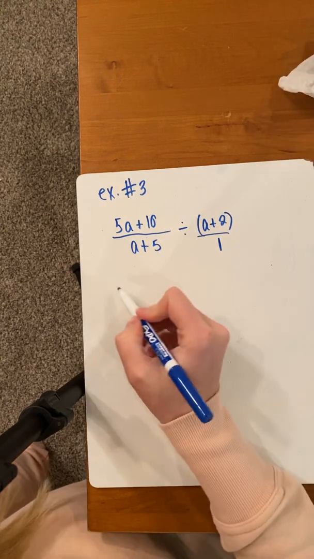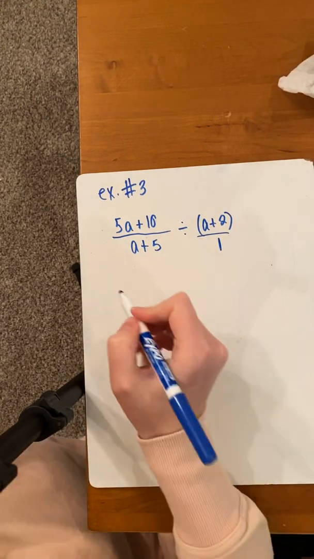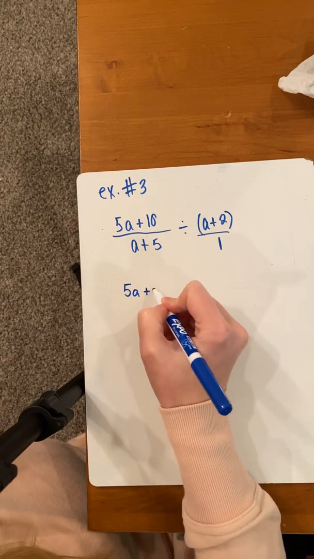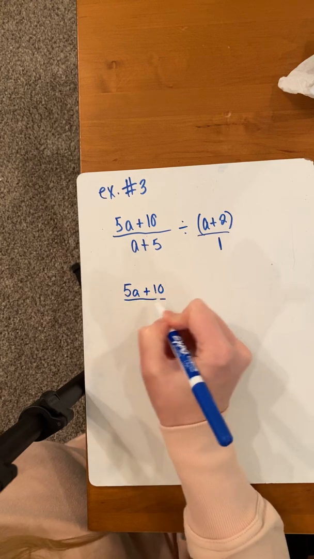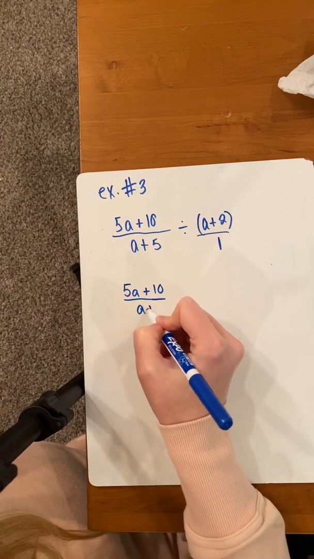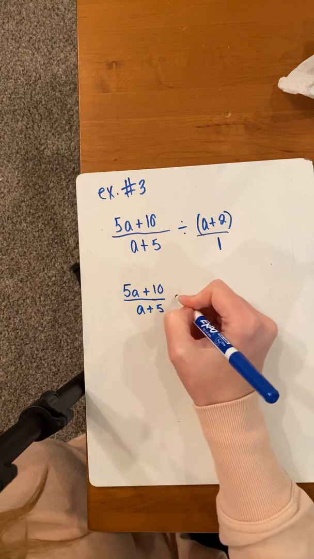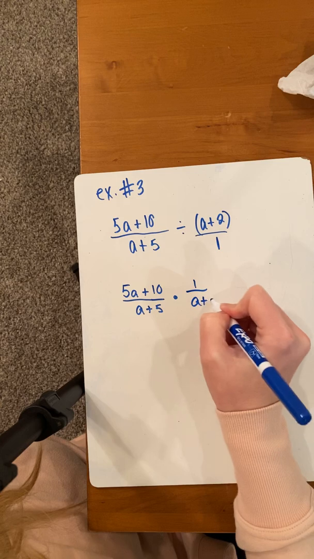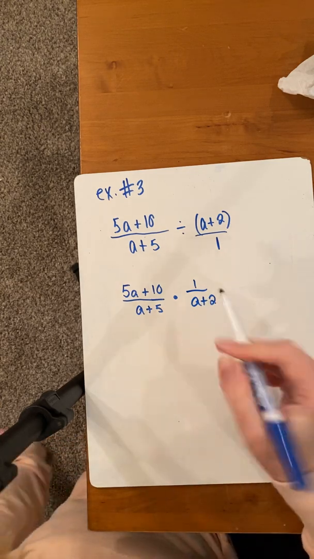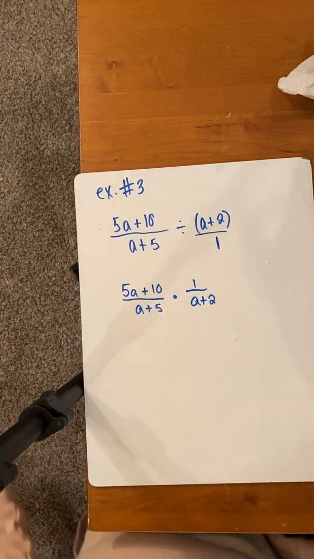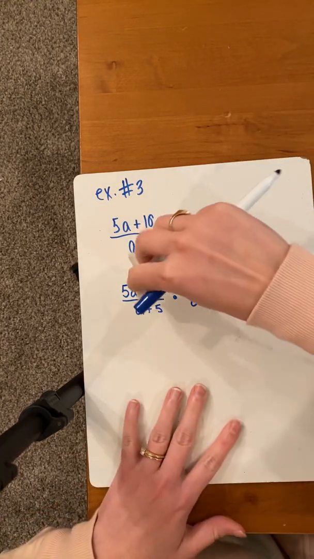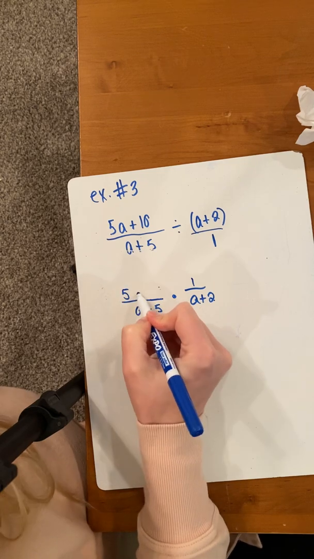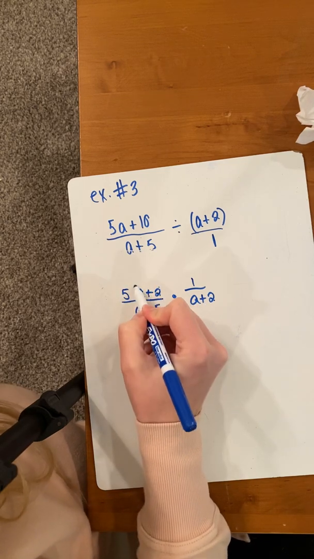Because we're dividing, that means we're really just multiplying by the reciprocal of our divisor. So we have 5a plus 10 over a plus 5 times the reciprocal of our divisor, 1 over a plus 2. And remember, you should see right away that you have a GCF of 5 here. So if you pull out your 5, you're going to have 5 times the quantity a plus 2.